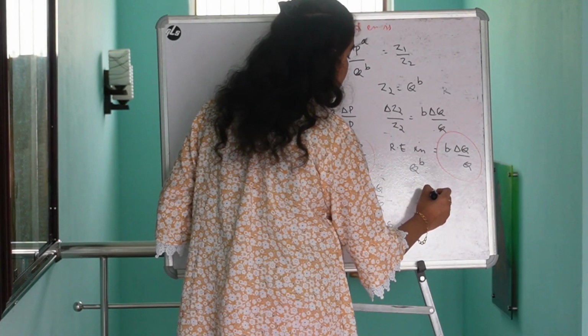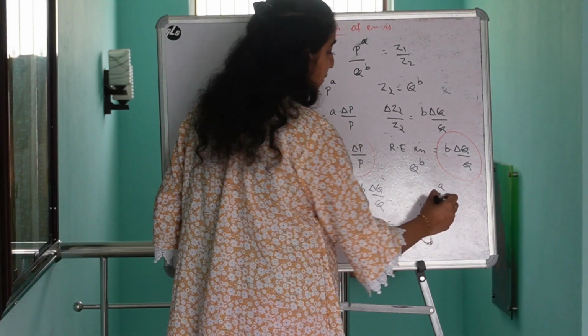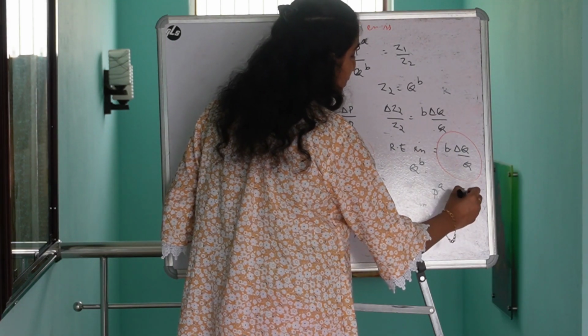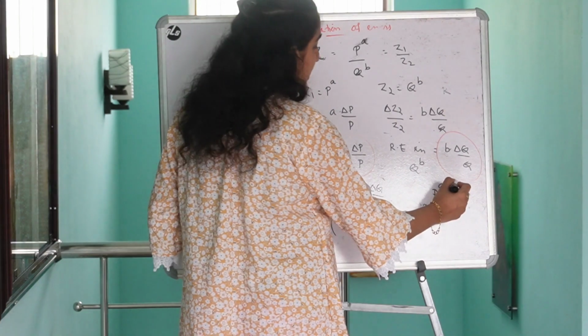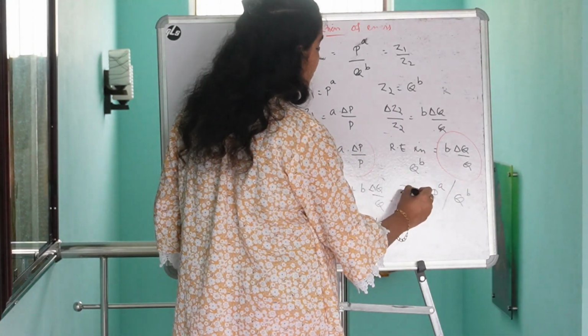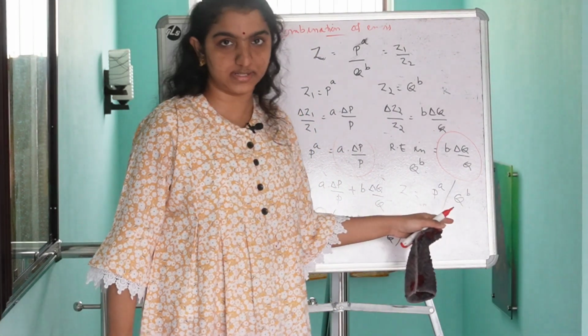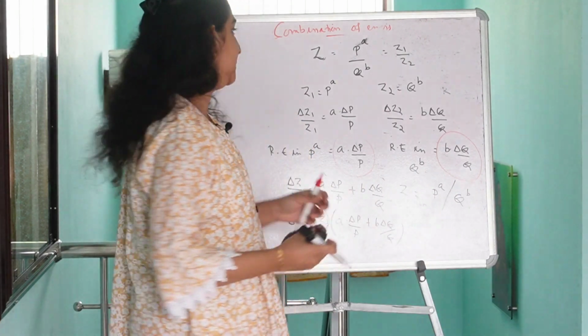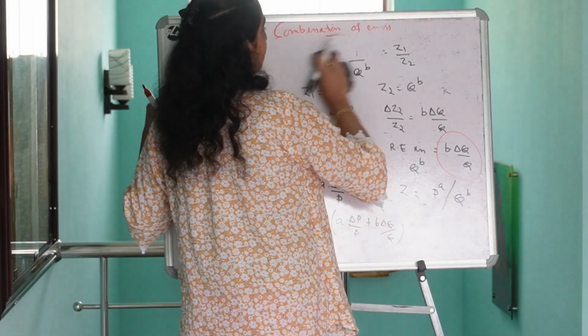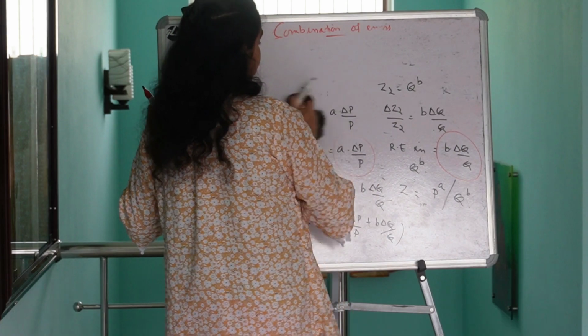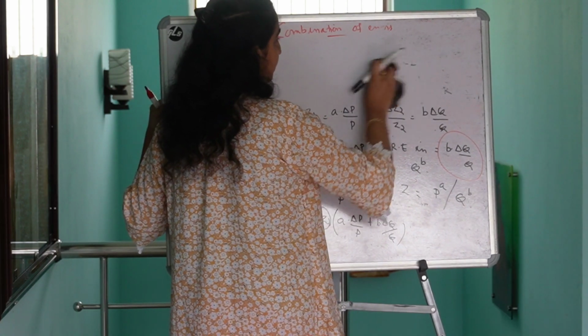Here in this case, how do we find the value of Z? First we will find what P power A is equal to, then you will find what Q power B is equal to, then you divide both of these values to get the actual value of the resultant. Is it clear, guys?